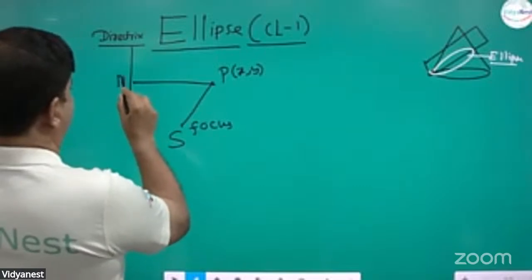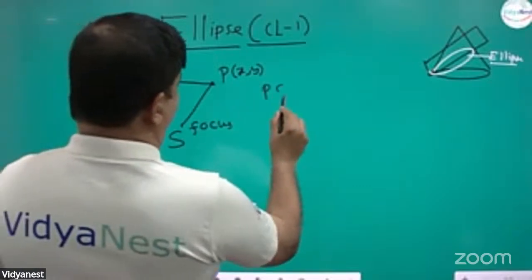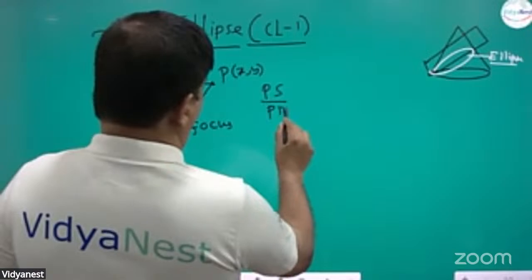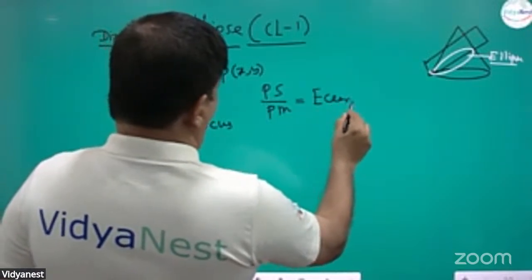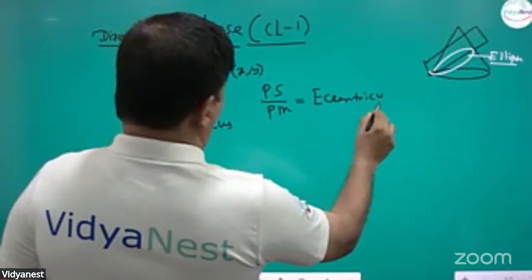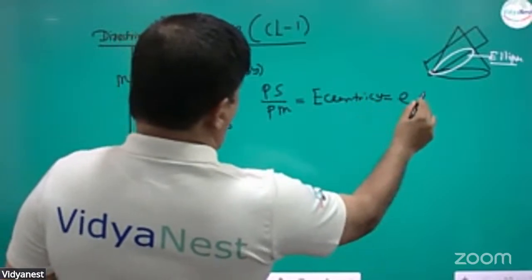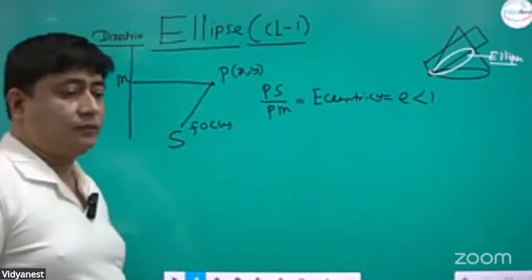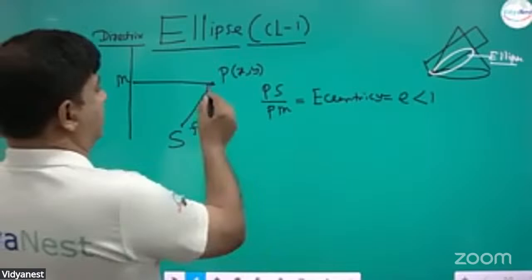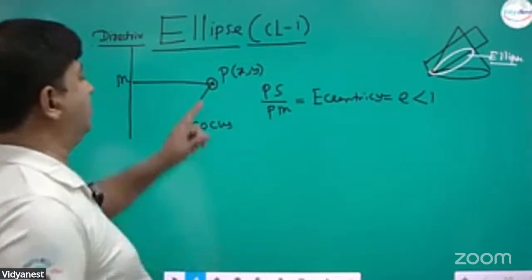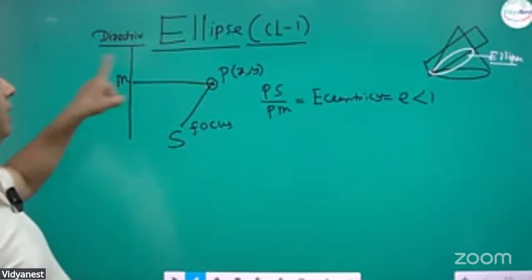PS, PM, PS, PM, that is called eccentricity, denoted by E, lesser than 1. So in case of ellipse, this point will start to move in that way.